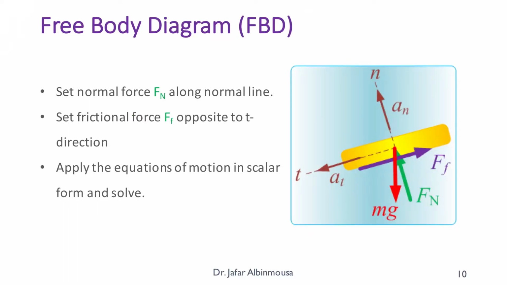This is just a continuation of what I discussed in the previous slide regarding the normal force and the friction force, where we said that the normal force will act along the normal direction, while the friction force is going to act opposite to the direction of the motion along the tangential axis.